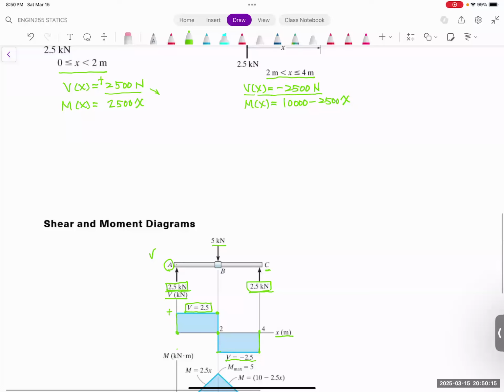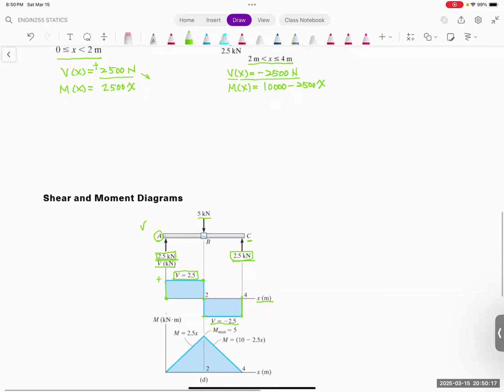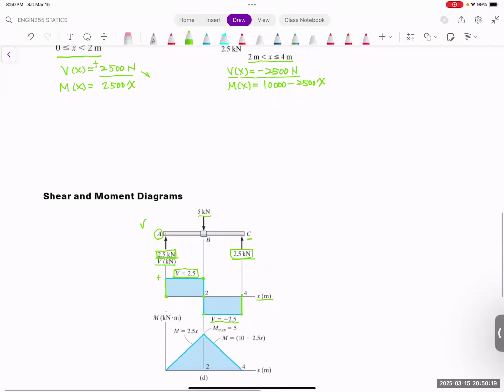The next one that we will do is to look at the bending moment diagram. So here, you're looking at the bending moment diagram. We're using this equation and this equation to make the drawing. The first part is 2,500 times x. That means you have moment proportional to x. When x is 0, this value is 0.